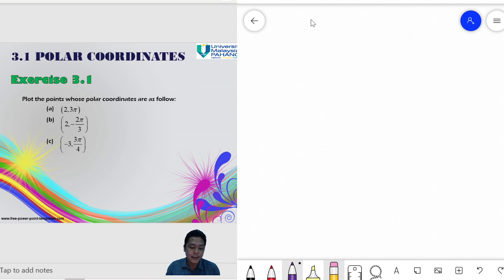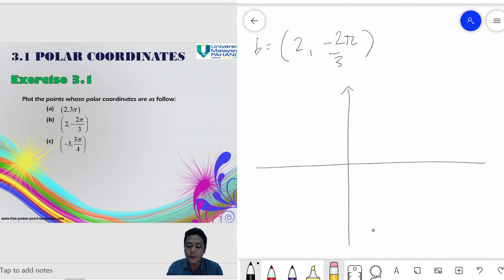Let's do the next example, B. B given by 2 and also -2 pi over 3. Again, we start with drawing the axis, and the r is 2.